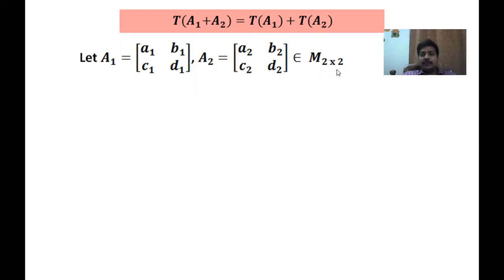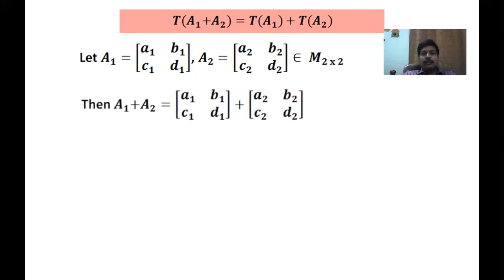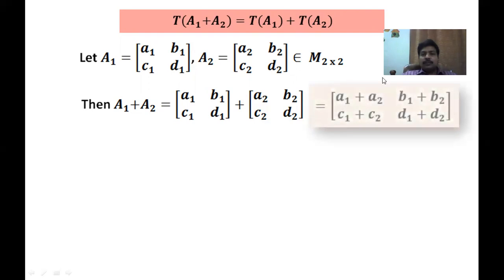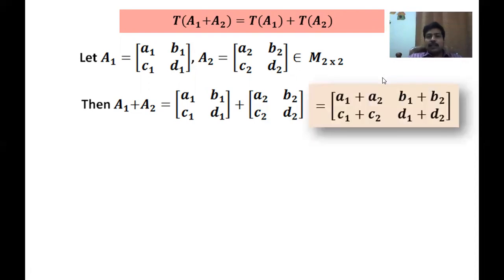This is a vector space, of course. Then A1 plus A2, adding these two matrices, is equal to [A1 plus A2, B1 plus B2; C1 plus C2, D1 plus D2].